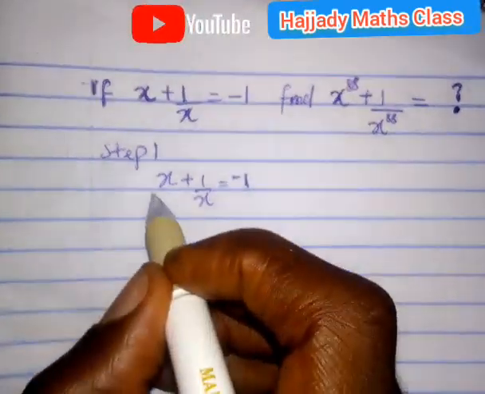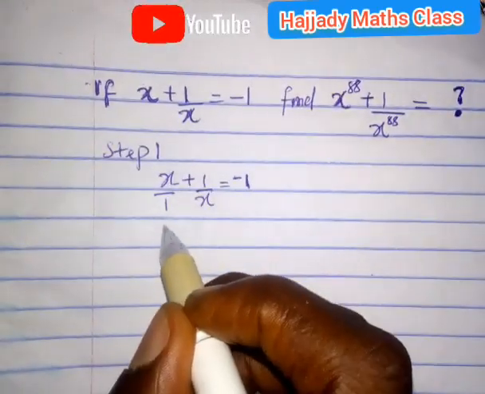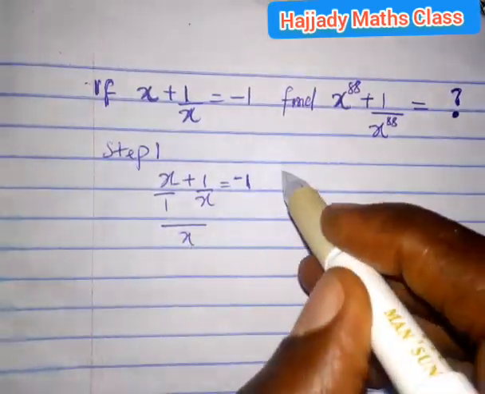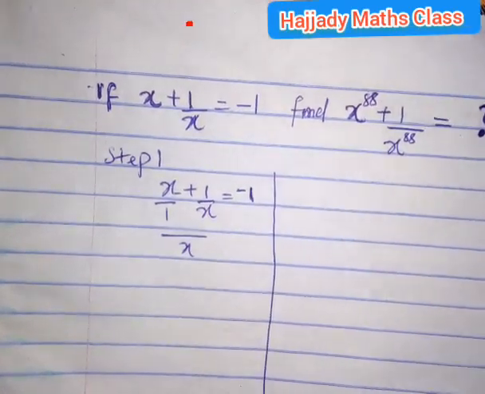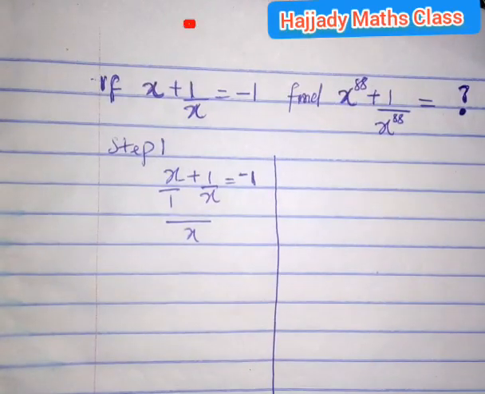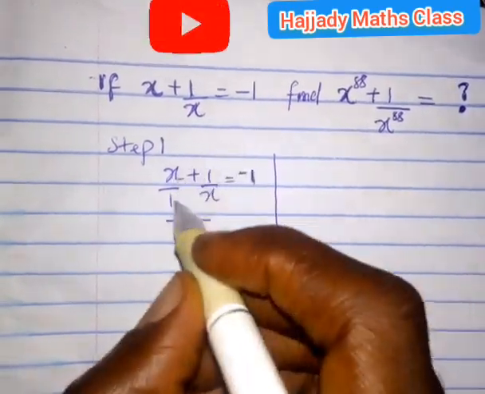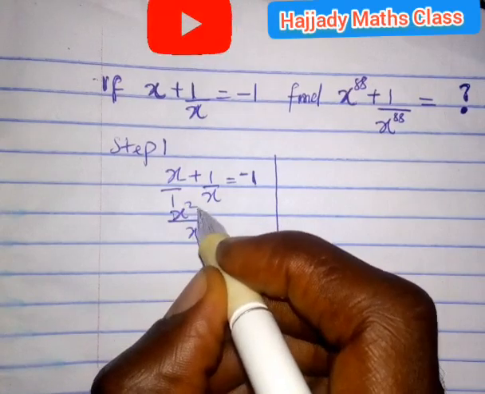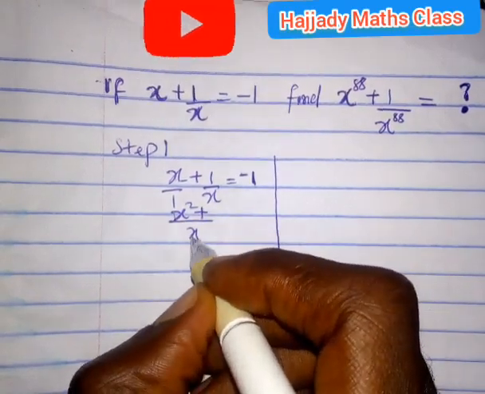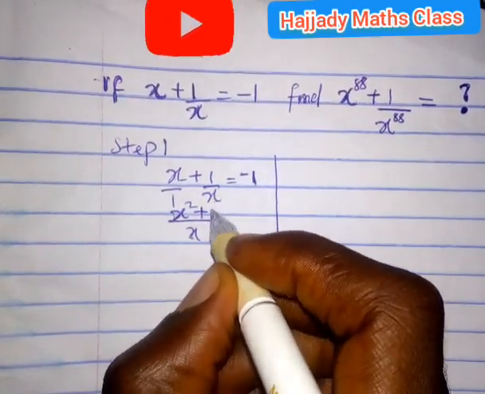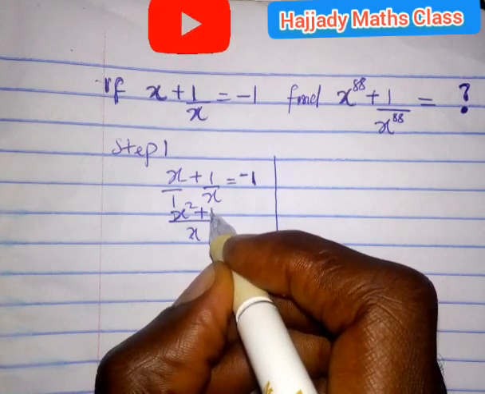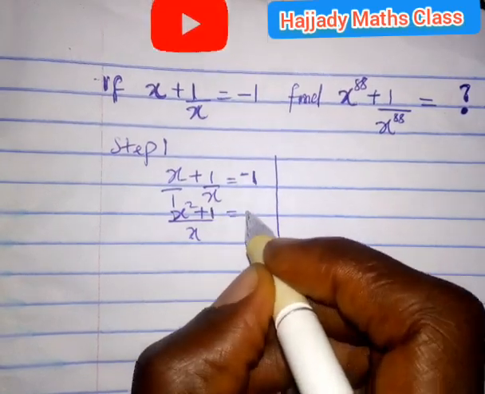Now finding the LCM of this, we have the LCM to be x. Finding the LCM, 1 in x is x, multiplied by this, we have x squared. x in x is 1, multiplied by 1, we have 1, equals minus 1.